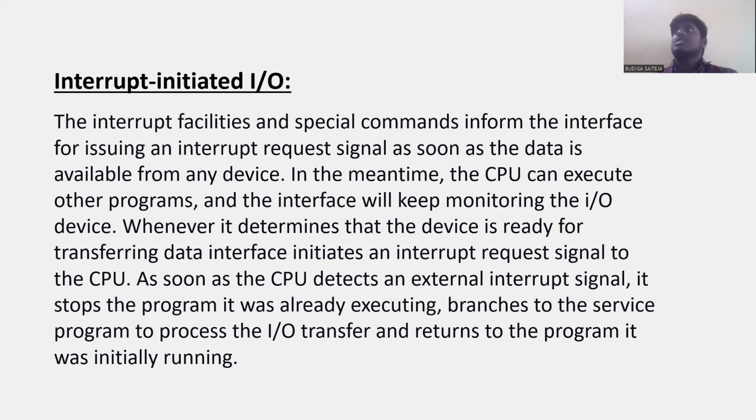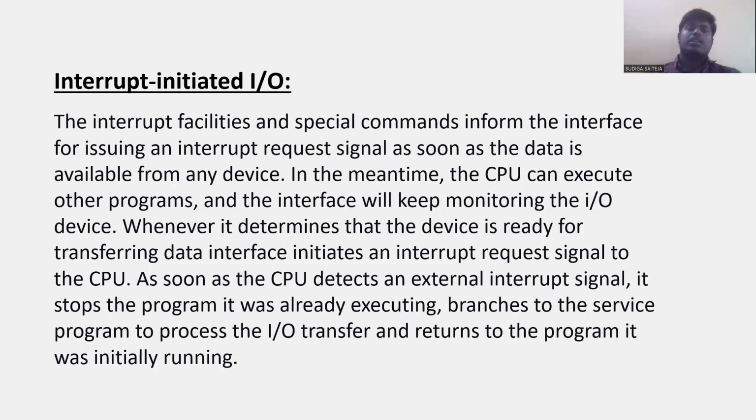Whenever it determines that the device is ready for transferring data, the interface initiates an interrupt request signal to the CPU. As soon as the CPU detects an external interrupt signal, it stops the program it is already executing, branches to the service program to process the IO transfer, and returns to the program it was initially running.